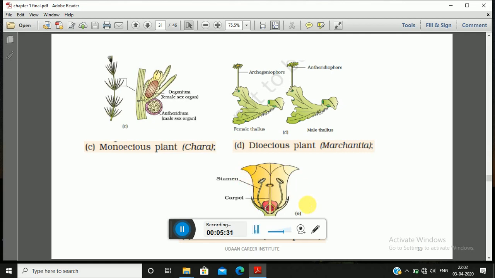Here is one more example, a bisexual flower, where we can see the presence of both stamen and carpel, that is androecium and gynoecium, in the same flower.